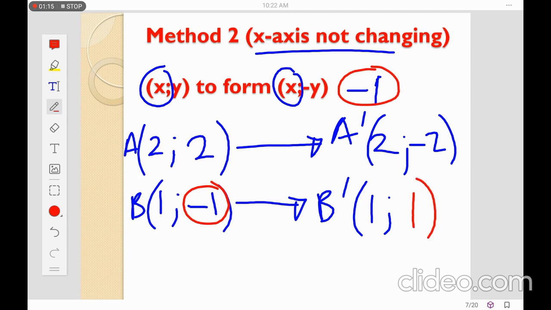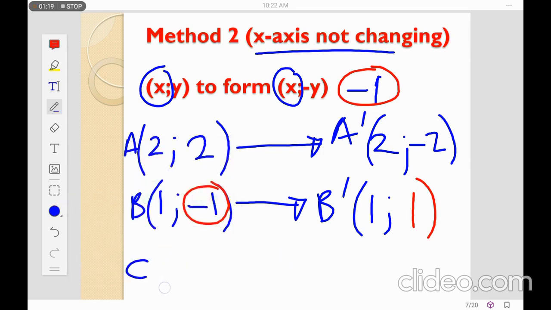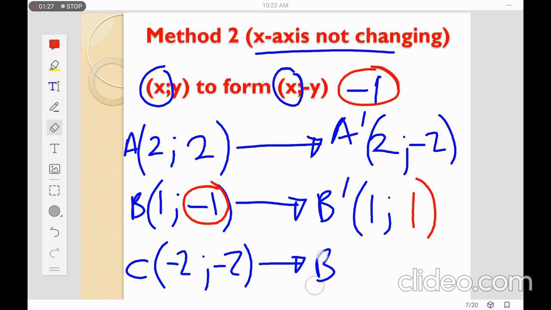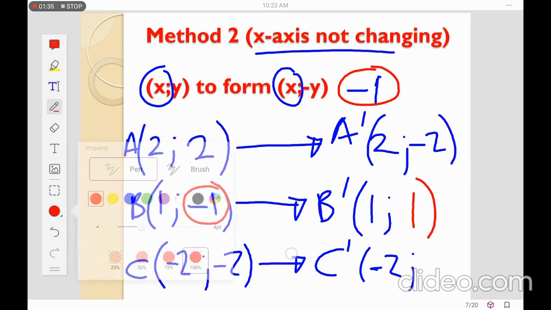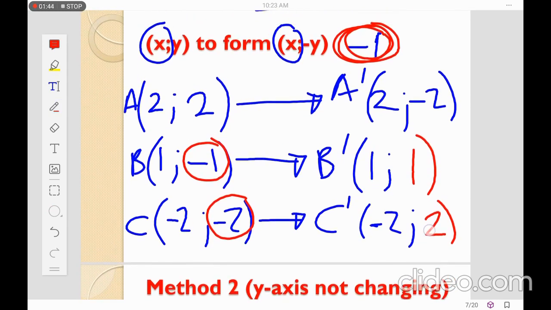We do the same for C. Our C was minus 2, minus 2. The image of C becomes minus 2, since x is not changing. Then for y, we have minus 2 multiplied by minus 1, so it's going to be a 2.